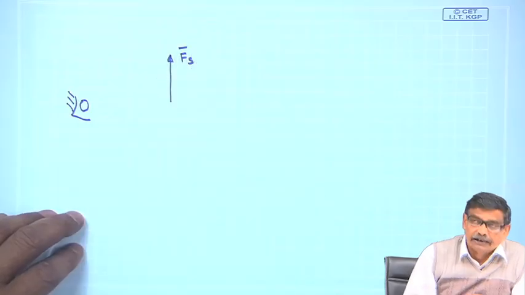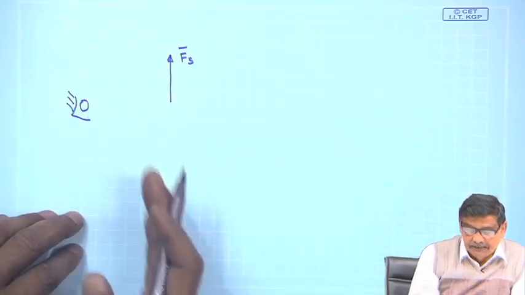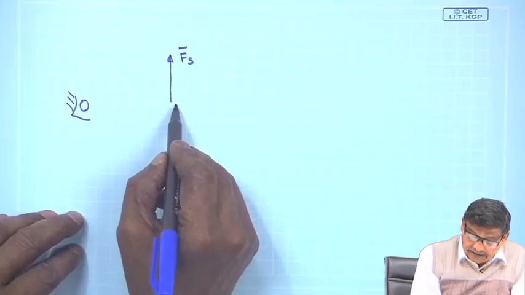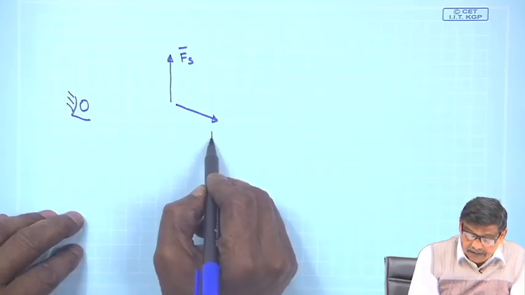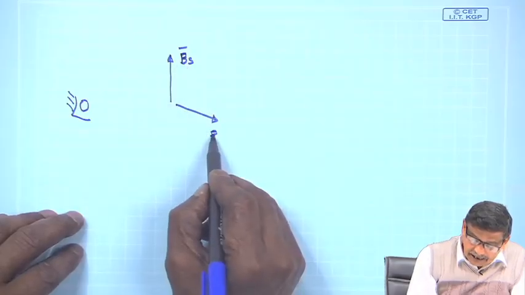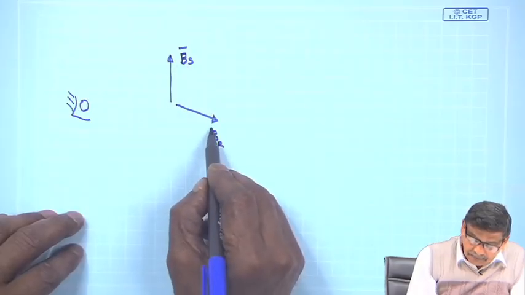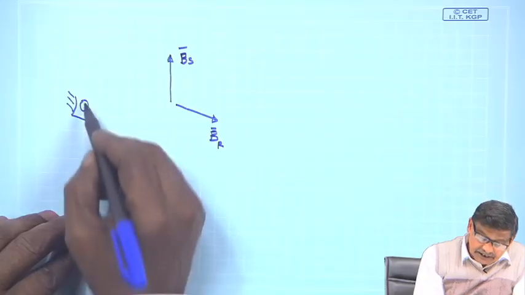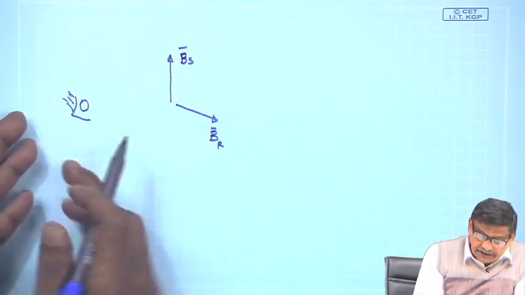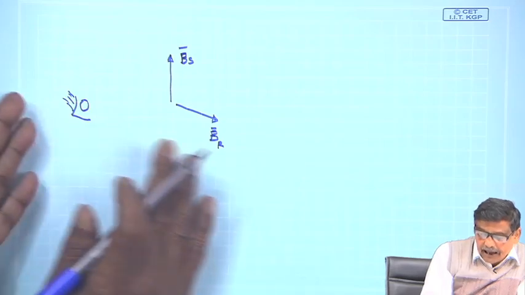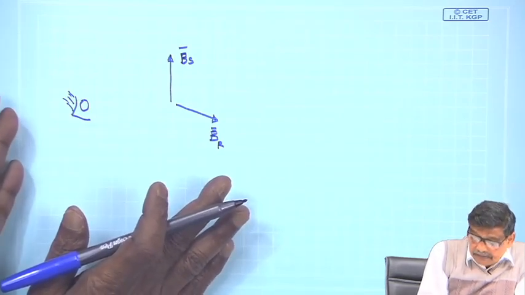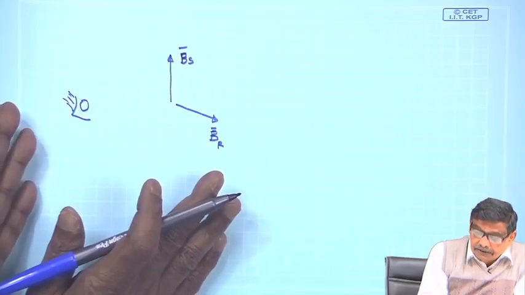If this is your stator field, just by a single line, and if this is your rotor field, write B S, write B R, and if both of them are stationary, the stationary observer will be happy, this machine can produce a steady electromagnetic torque.